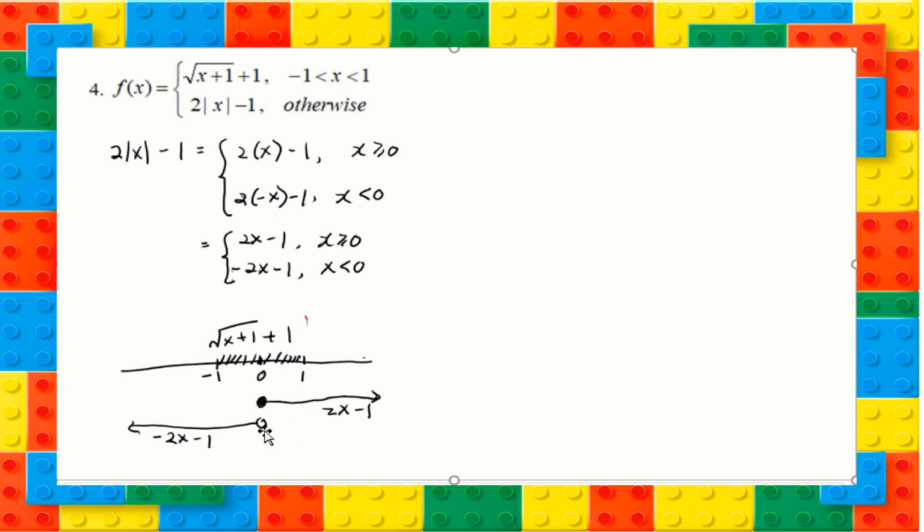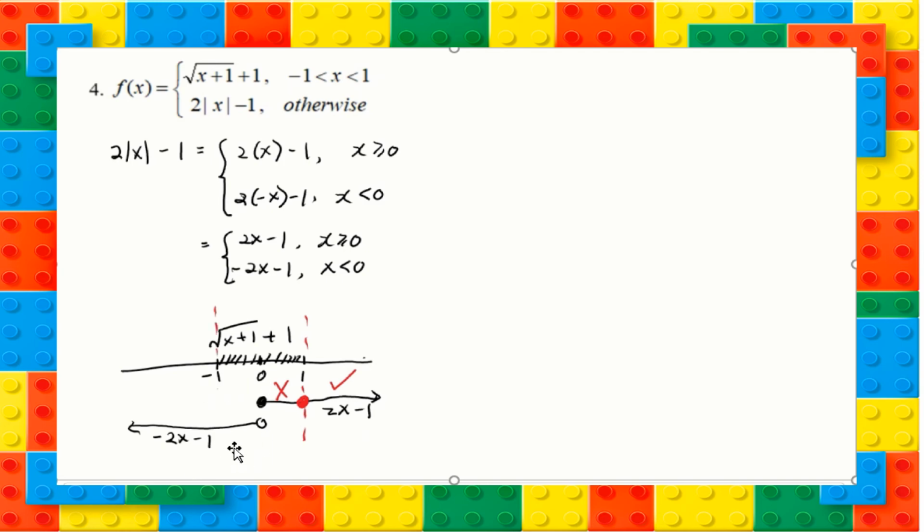When we try to combine the new piecewise into the original piecewise, we found that for the values of x in between 0 up to 1, this is unavailable for 2x minus 1. So 2x minus 1 is only available when x is equal to 1 or greater than 1, including 1. Same thing for x in between -1 up to 0.